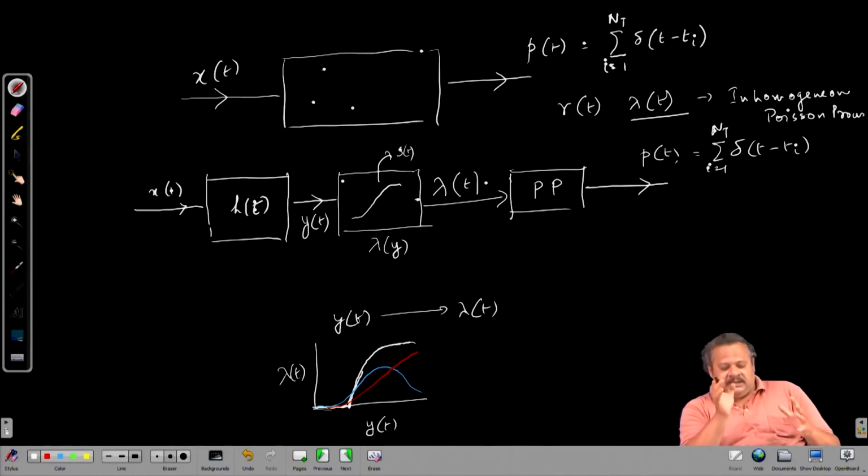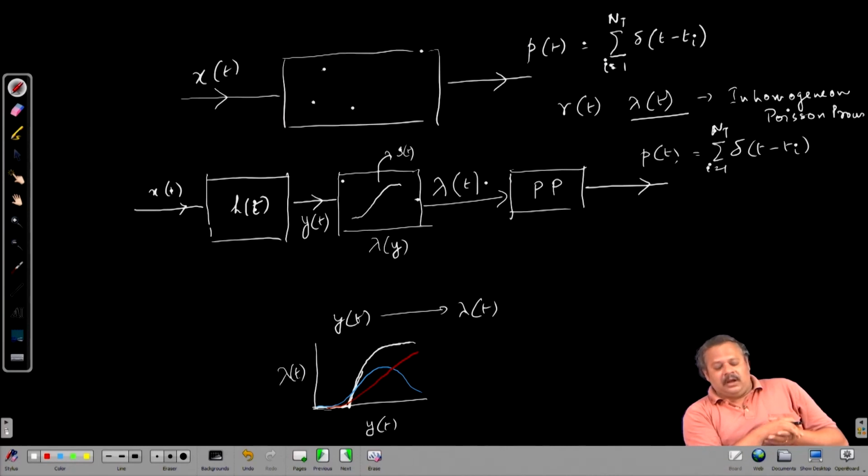Obviously, it will appear to be not a very good assumption, but as I said, we will also see that many neurons can be well described by this ht, and for the other reasons that we have mentioned, these kind of models are useful.